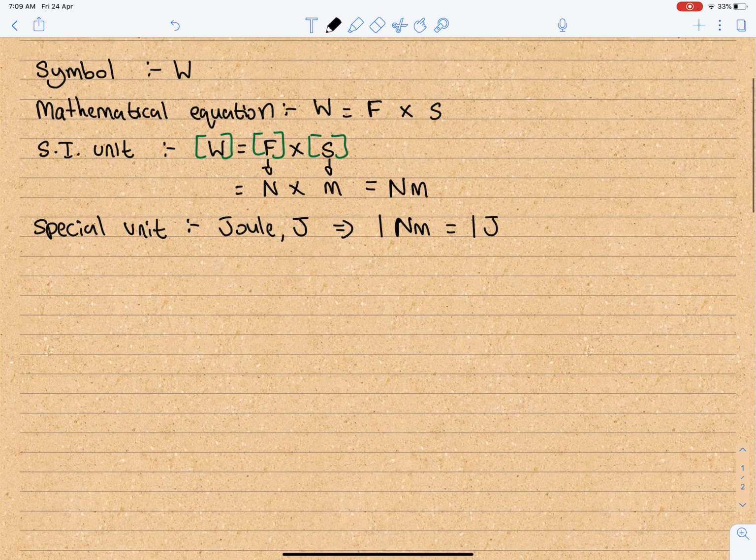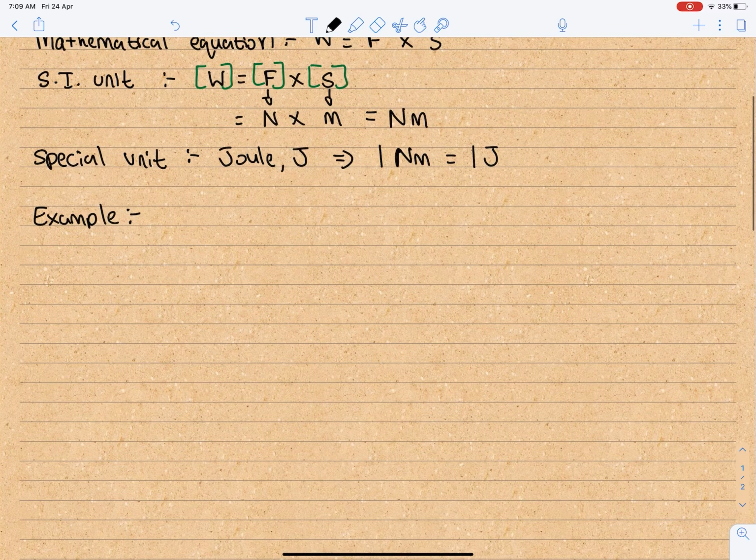Okay. Example 1. Imagine that we have a person pushing a wall. The person exerts 100 Newton of force, but the wall does not move.